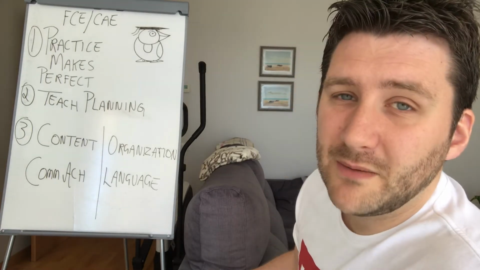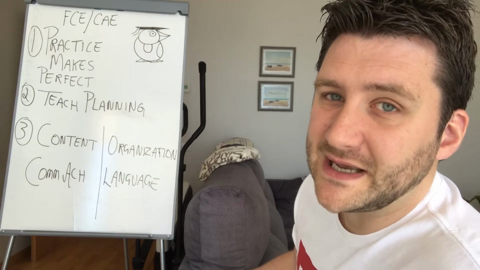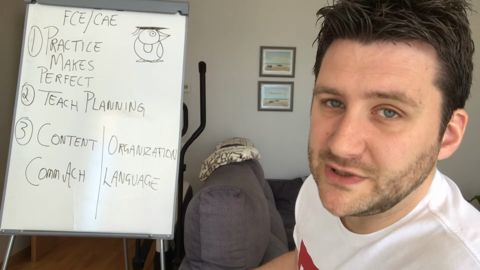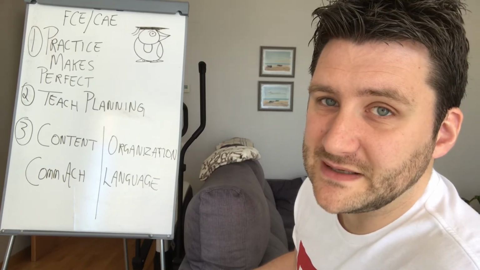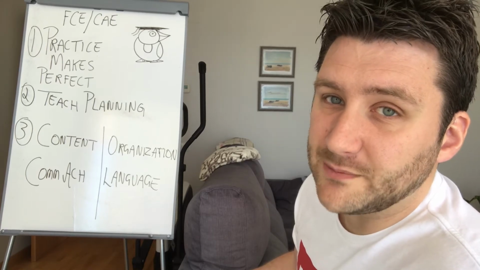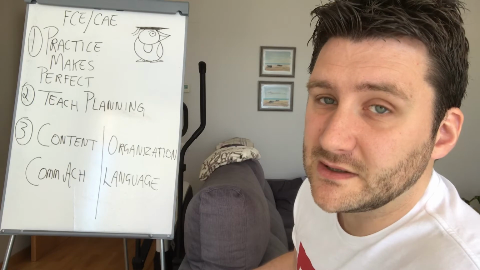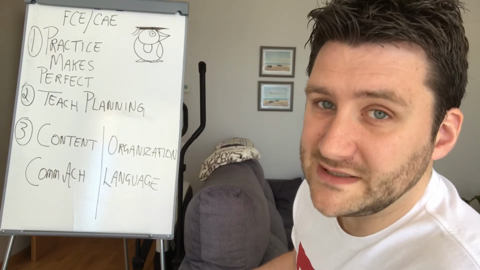Okay, planning, part 2. I'm going to do another video in detail about how to do this, but make sure you teach how to plan. For example, a first certificate exam. For each writing, there's going to be 2 of them. For each writing, you've got about 40 minutes to get it done. 10 minutes of that should be planning, 30 minutes writing, okay?